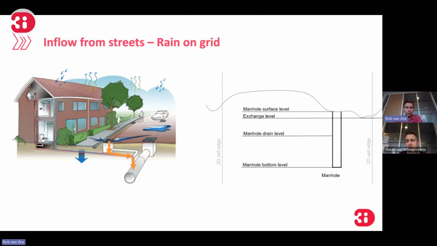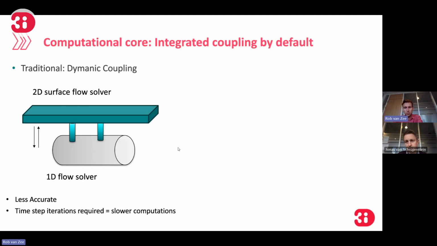So this is different than what happens in some other software where the inflow can be going directly into the sewer system itself. 3DI is basically always rain on grid by default. If you want to have the inflow differently, that is of course also possible.